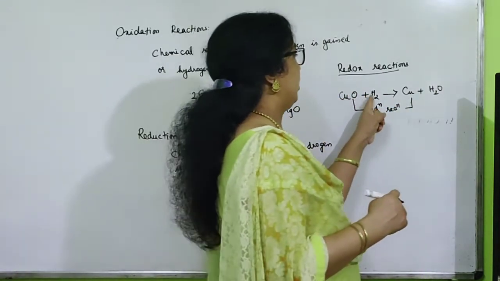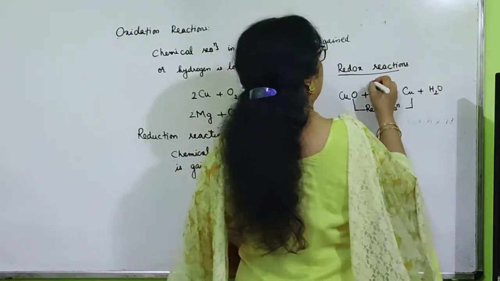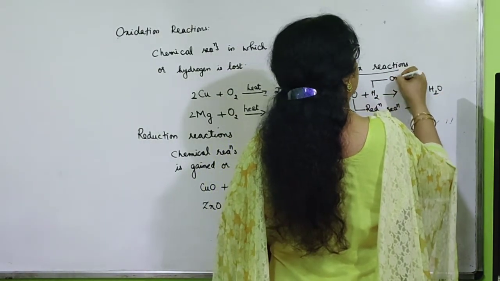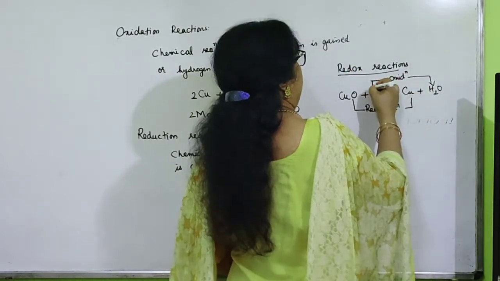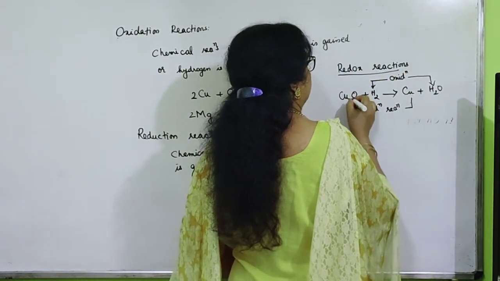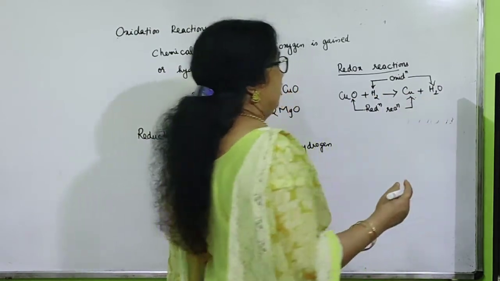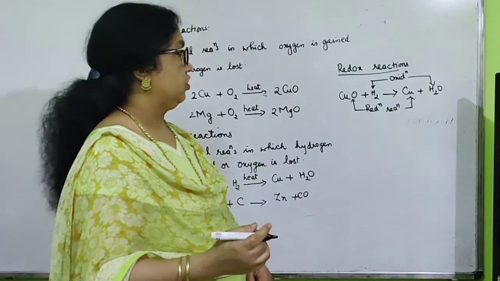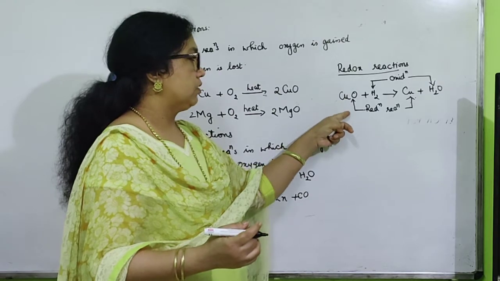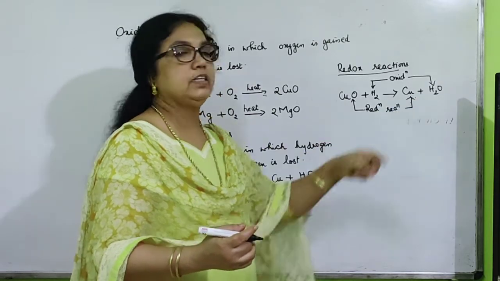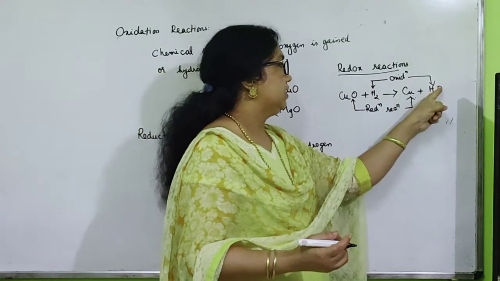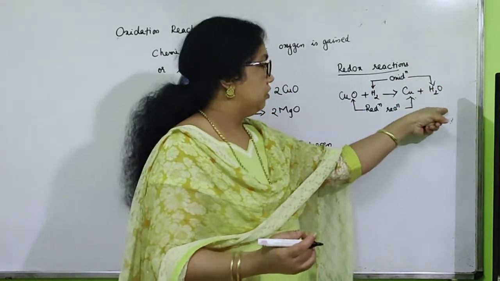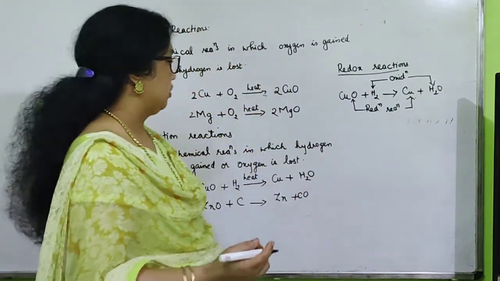And to hydrogen, oxygen is added. So this is oxidation. So this is a redox reaction. From copper oxide oxygen is removed, so that is reduction. And to hydrogen oxygen is added, so that is oxidation. So this is an example of a redox reaction.